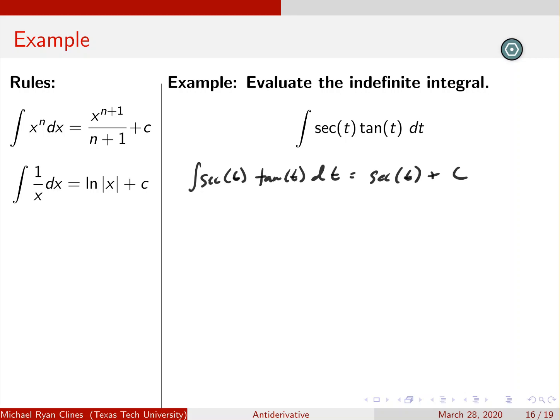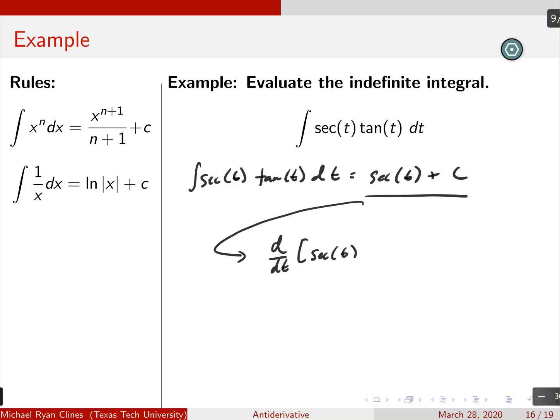Don't believe me? Well, let's differentiate this. Let's see what happens. We'll take d/dt, because our variable is t, of secant of t plus c. Well, that's just equal to the derivative with respect to t of secant.